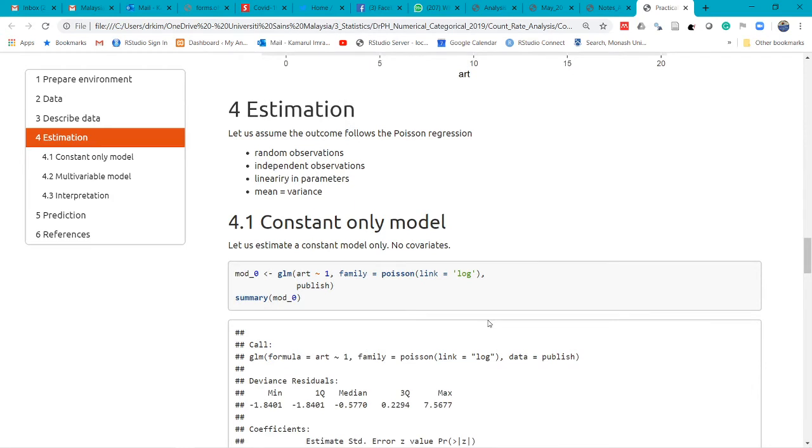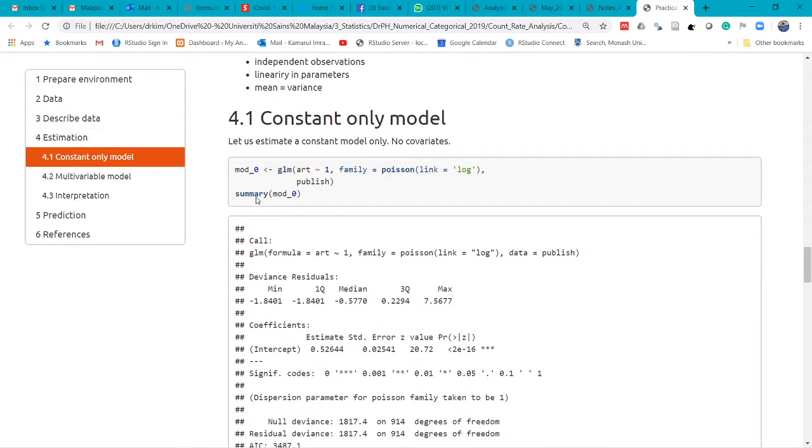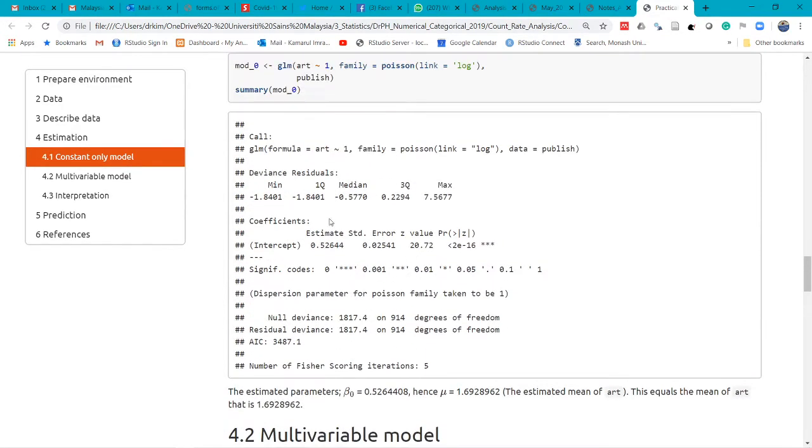We can start off with the constant only model, no predictors. So you write GLM ART tilde 1, family Poisson and link equal log. So this is the log link, and dataset publish, and type summary. You get the log of the count. So this is the average log count.